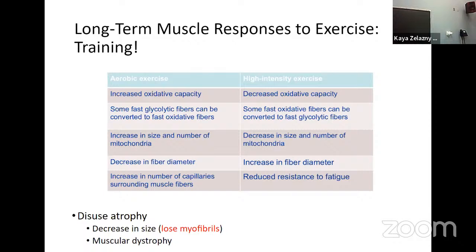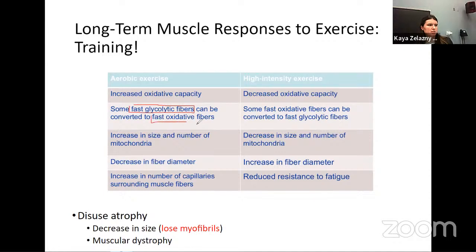And we can convert some of our fibers into other types of fibers. Okay, so we're going to see that the two we can trade off. We have our fast glycolytic fibers versus our fast oxidative fibers. So some of these can kind of switch. The difference between these two types of fibers, they were both fast twitch fibers, which has to do with the type of myosin they have.